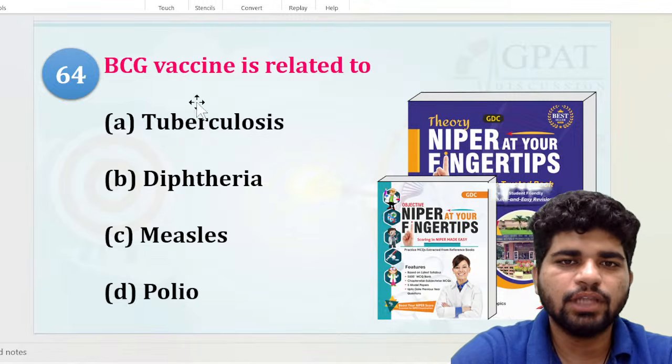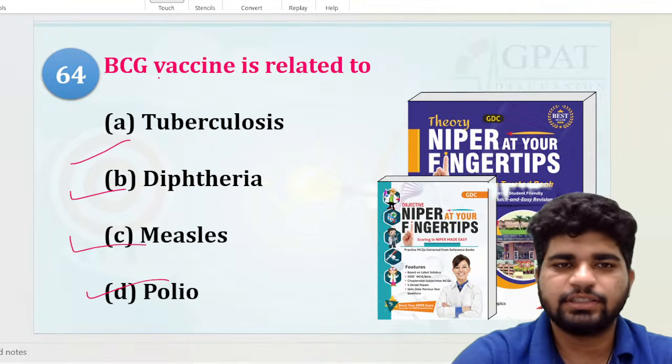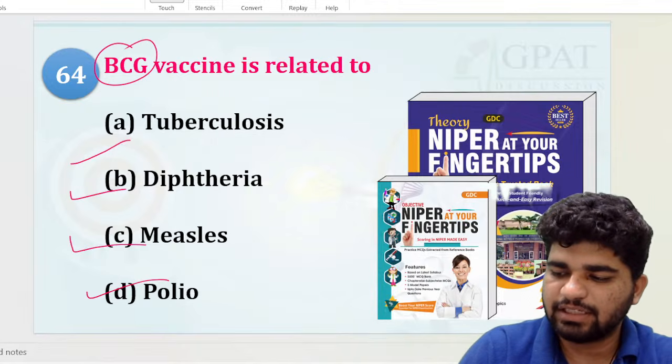Now, this one. BCG vaccine is related to tuberculosis, diphtheria, measles, or polio. BCG is Bacillus Calmette-Guerin.